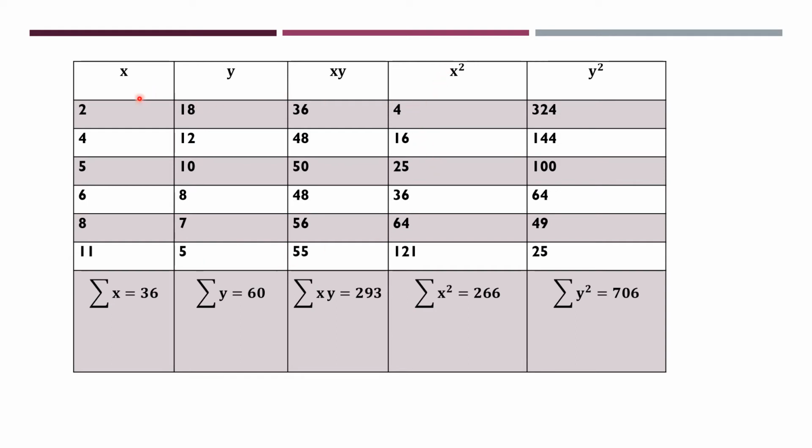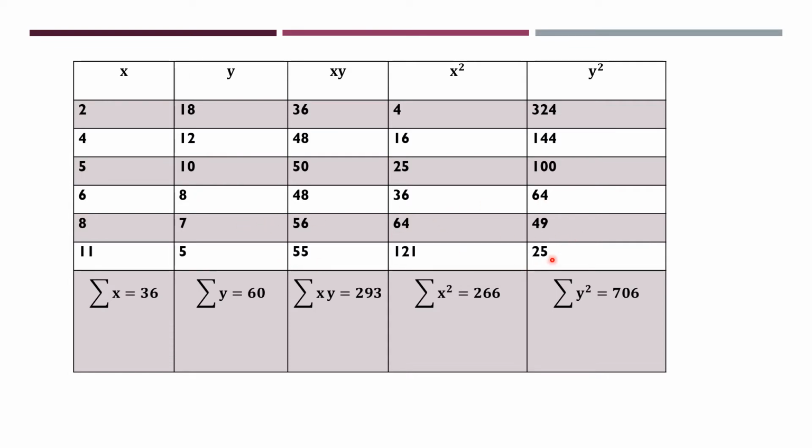Similarly, calculating x square, the square of these values of x. 2 square is 4, 4 square is 16, 5 square is 25, 6 square is 36, 8 square is 64, 11 square is 121. In a similar way, calculating the square of the y data. 18 square 324, 12 square 144, 10 square is 100, 8 square is 64, 7 square is 49 and 5 square is 25.